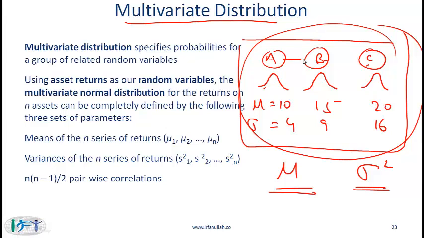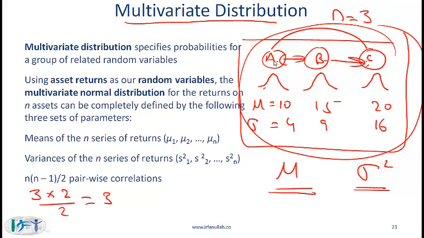So the correlation between A and B, B and C, and A and C. Notice that with three items in here, we need to have three pairwise correlations. In my simple example, n is 3. So if you look at this expression over here, we have 3 into 3 minus 1, which is 2, divided by 2, which is 3.